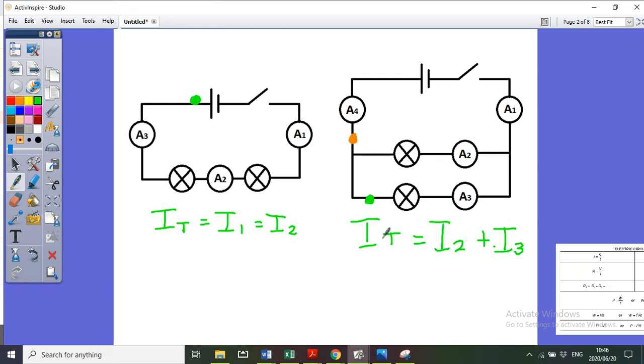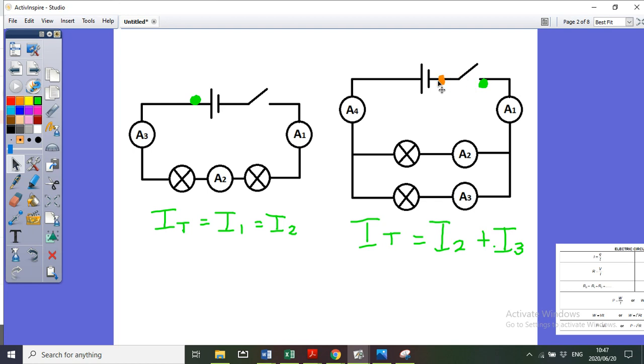So that would be A4, the total there, but also A1, because as they join up again, once orange has passed through there and through there, both of them will have to go through ammeter 1 again. So ammeter 1 gets the same current as ammeter 4.